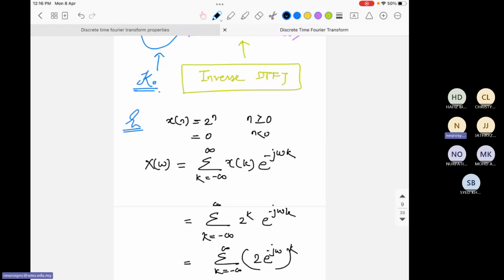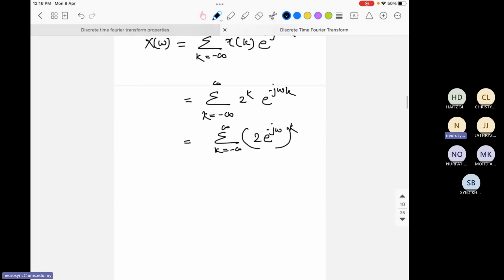Now this is basically a geometric progression with the common ratio of 2 e to the power j omega. If you find the magnitude for this type of sequence, it is greater than 1.